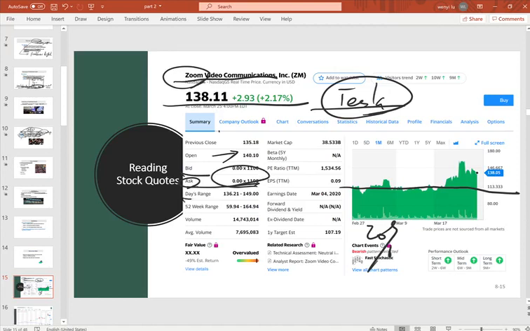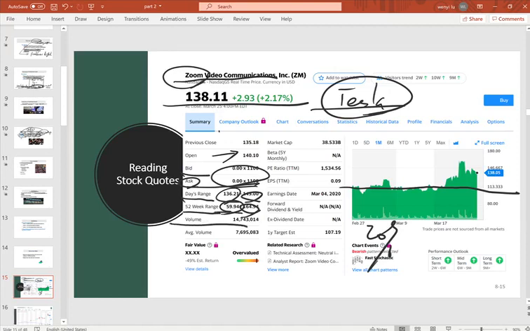And this is the daily lowest price and highest price, and this is the lowest price and highest price for one year. You can see Zoom has actually doubled from the lowest price of this whole year.